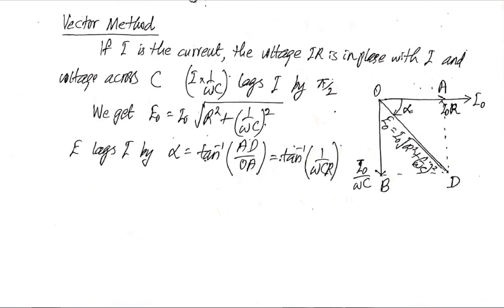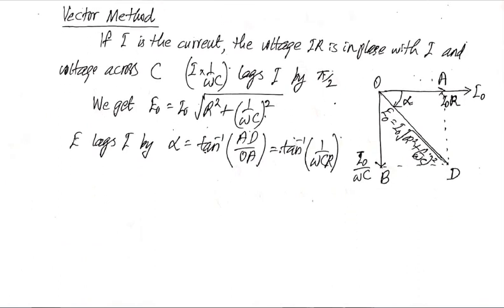Now the same calculation can be done in vector method. If I is the current, the voltage IR, which is across the resistance, will be in phase with I, because the voltage in a resistance is in phase.